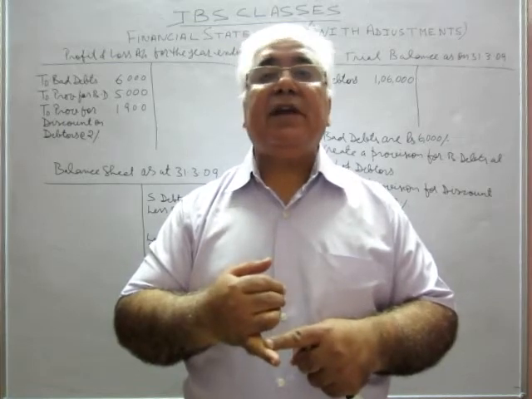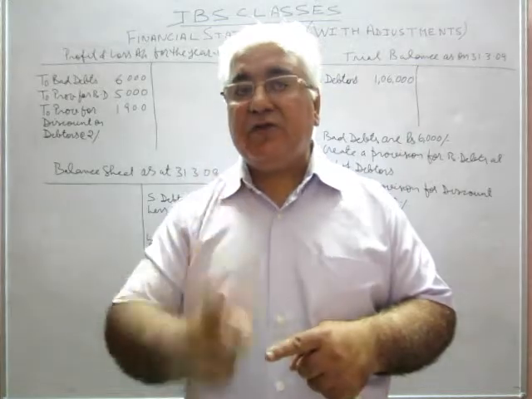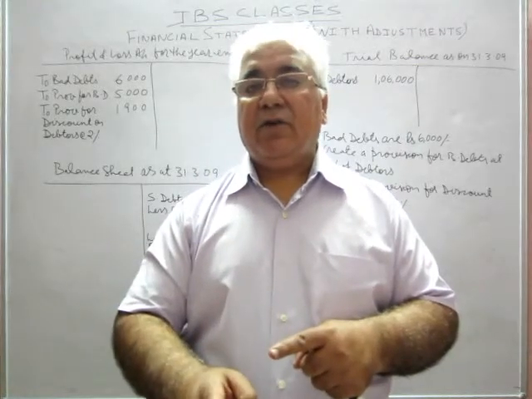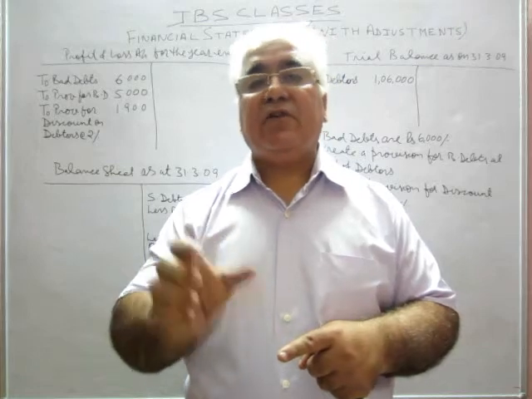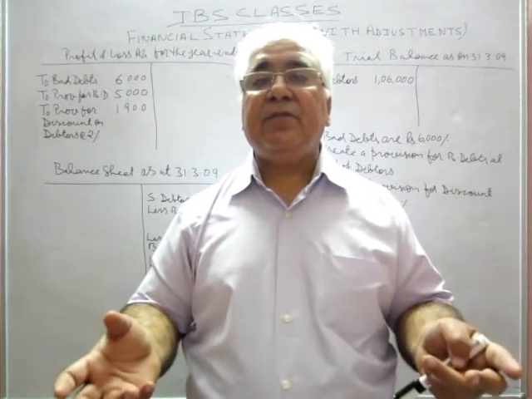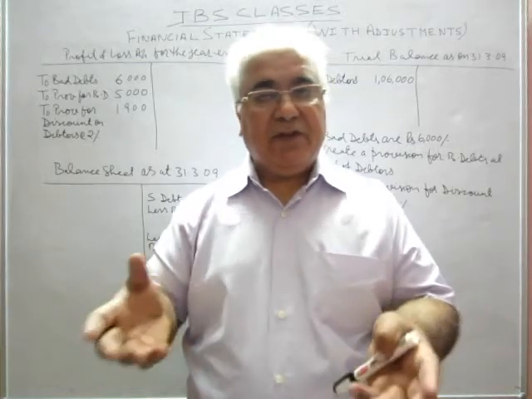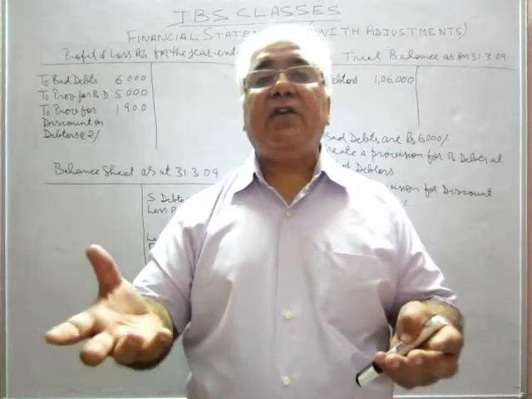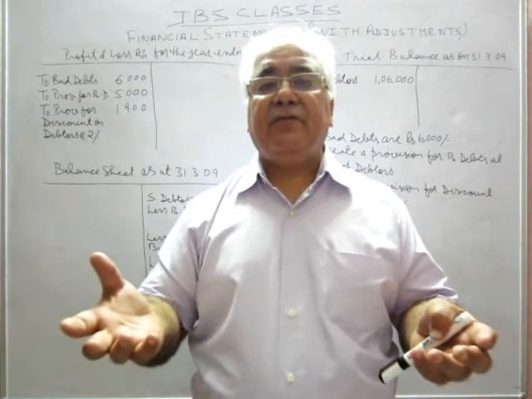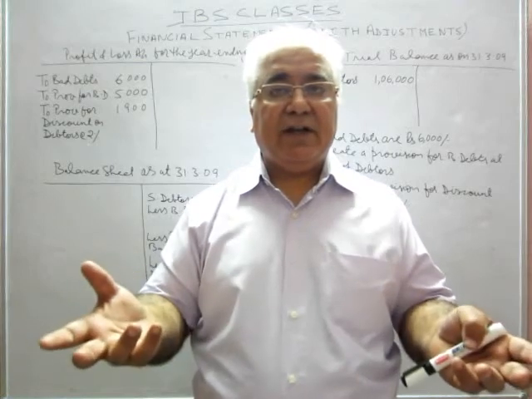And if you need to create any provision for doubtful debts, that amount should also be reduced from debtors. Okay, then on this amount you need to create provision for discount on debtors. Reason is simple, that we need not create provision for discount on debtors on those amounts which we are not supposed to get. I mean, which we are thinking that we may not get. So there is no point in creating that.